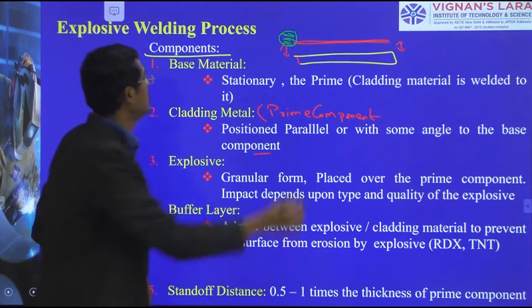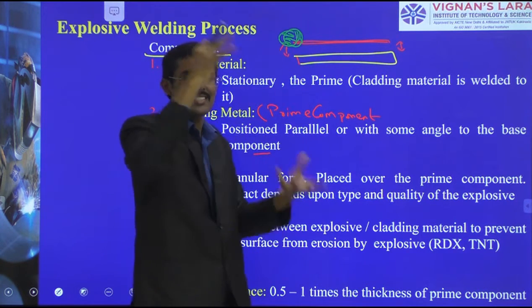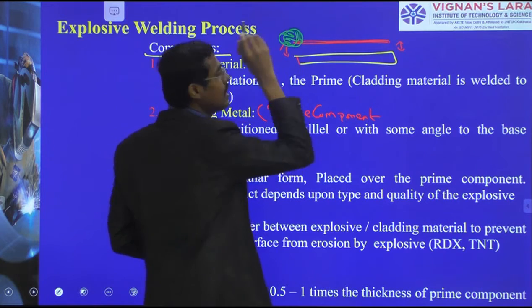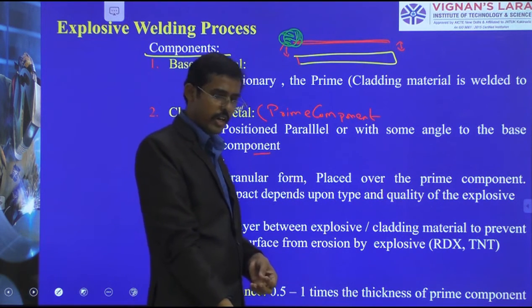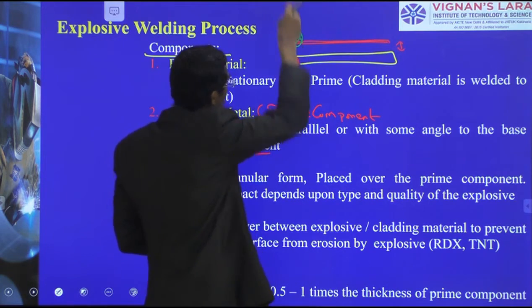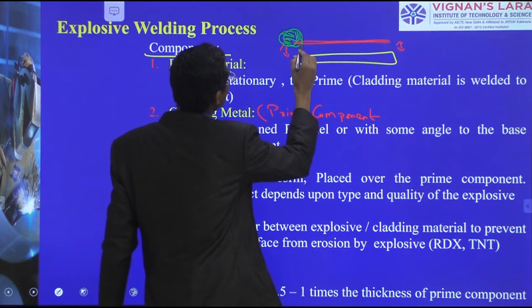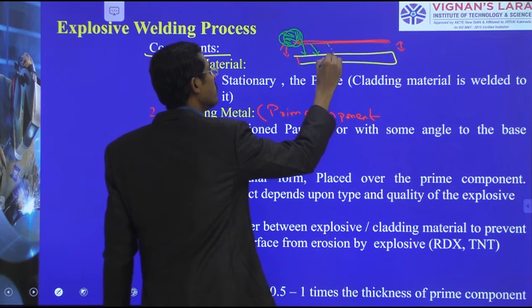Due to that, what happens? This fire creates a blasting force, and that force will be applied over this cladding material. Like a rocket: when we fire, it goes upward, and if I fire here, it comes downwards. So the force generated makes it impinge over this side.